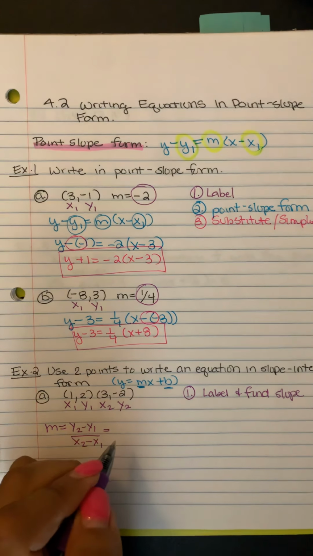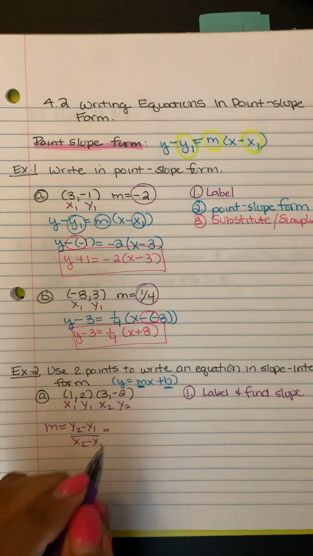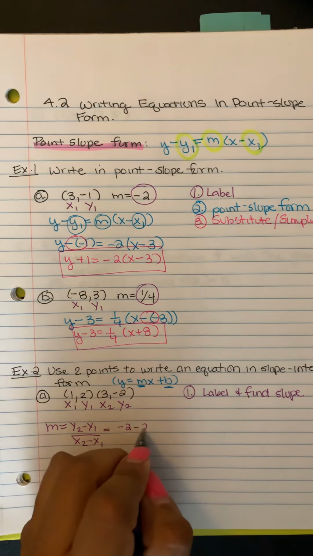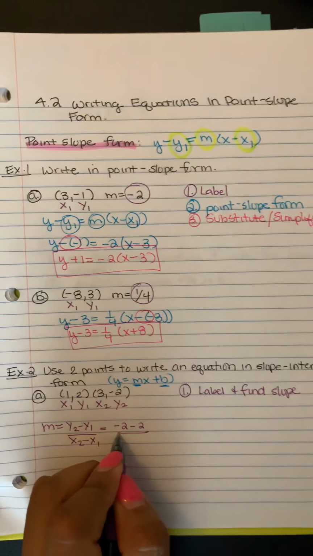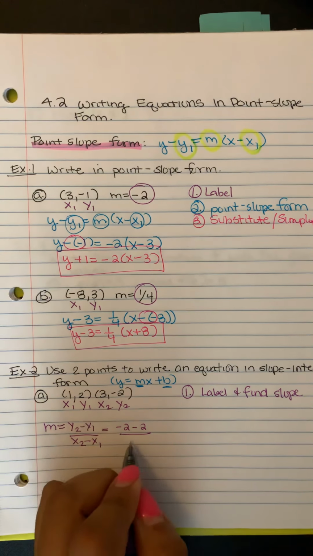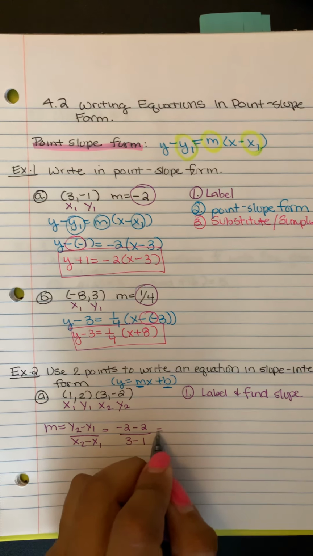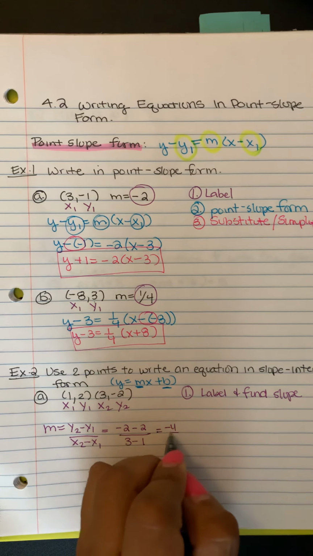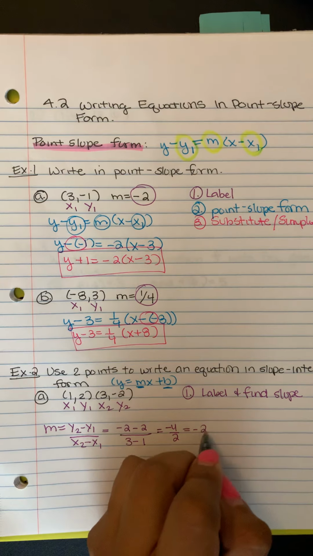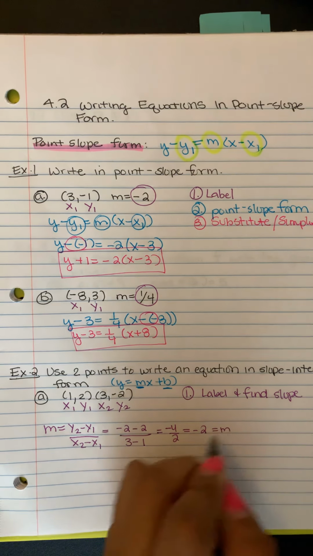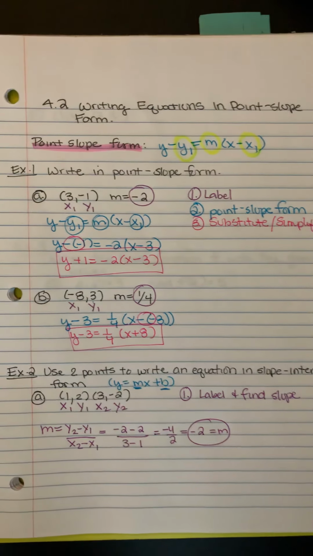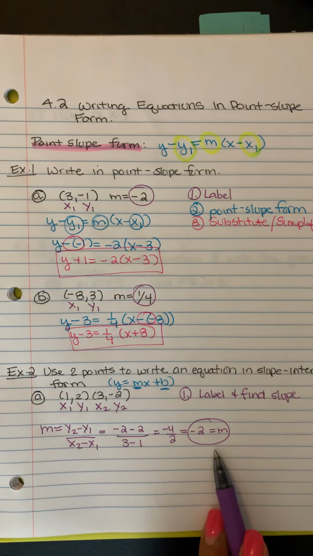So y sub 2 is -2 minus 2 over 3 minus 1. And we end up with -4 divided by 2, which gives me -2. So that tells me my slope is -2.